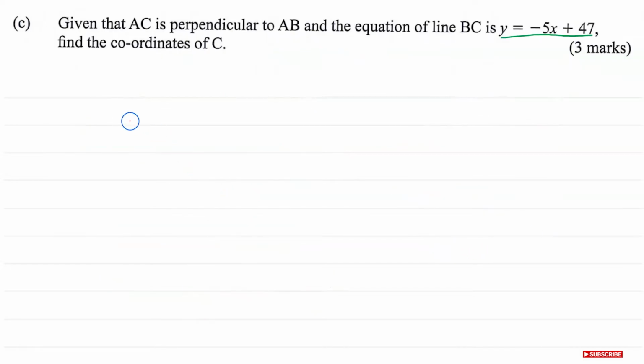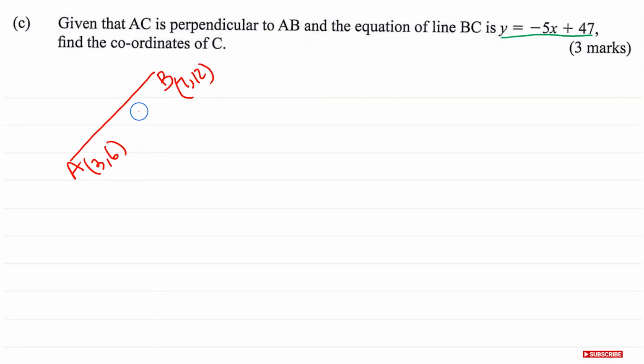Right, for part C then we are told, given that AC is perpendicular to AB and the equation of line BC is y equals negative 5x plus 47, find the coordinate of C. So if you remember, we had our A and B here. So A was (3, 6) and B was (7, 12).